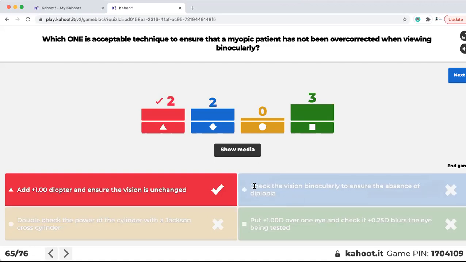This is not the right answer, and diplopia has nothing to do with whether the patient is over accommodating. Then option D, double check the power of the cylinder with a Jackson cross cylinder. Again, the power of the cylinder has no relation to over accommodation. So we have two options that look the same, but with a slight trick.